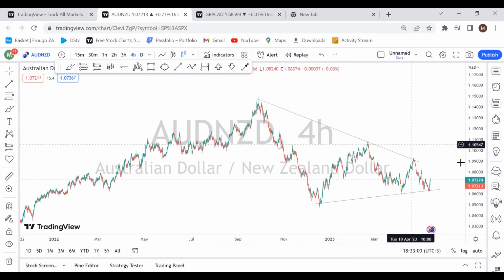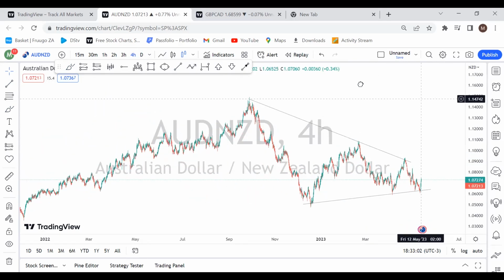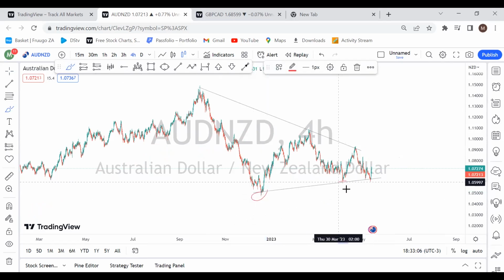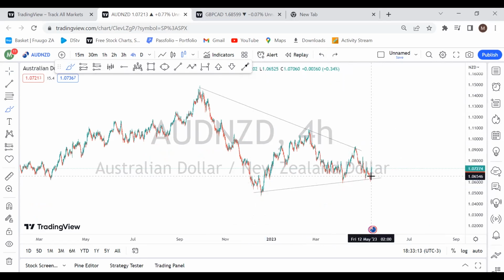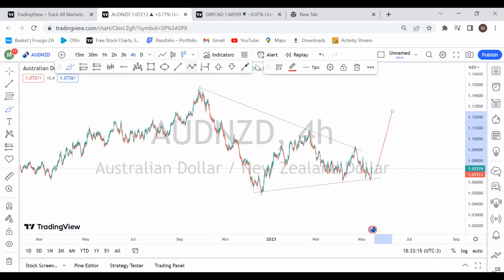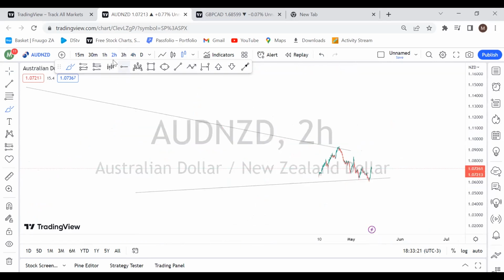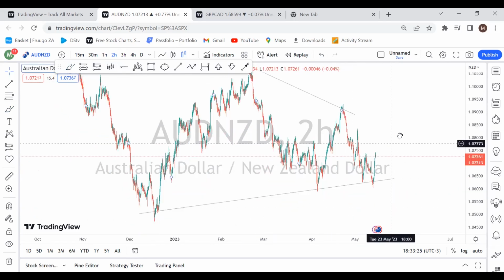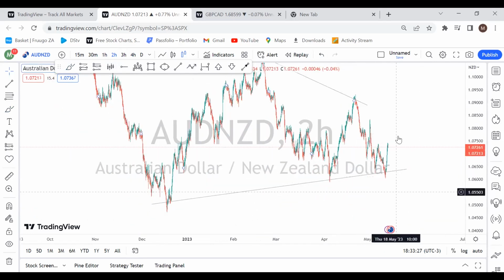Let me just point this out. One, two, three touches on our support, which is amazing since we're looking for buys, right? So I'm going to go down to the 2 hour time frame to see how the price is behaving around the third touch.